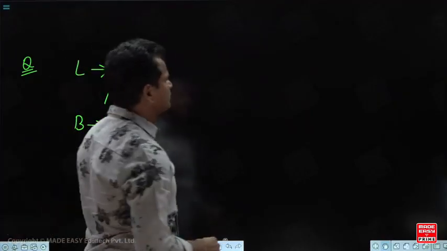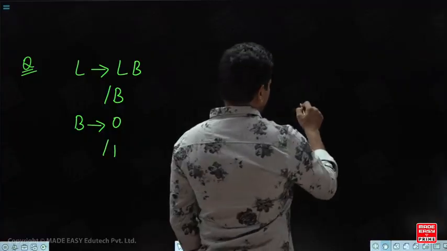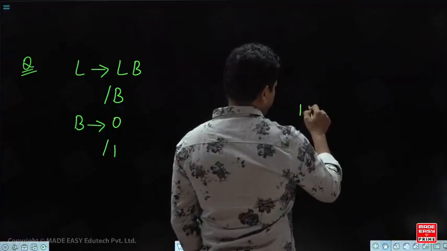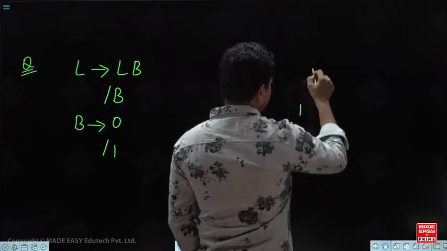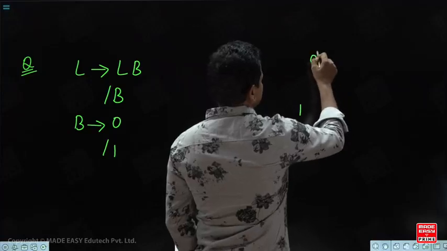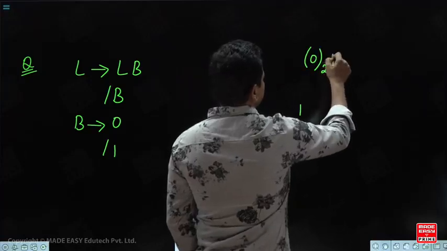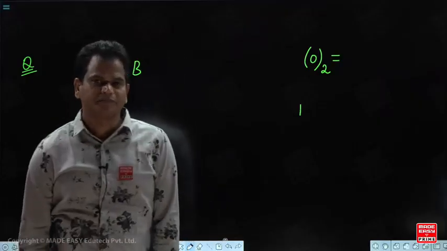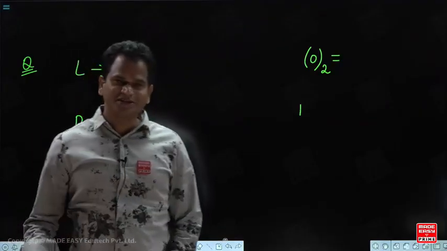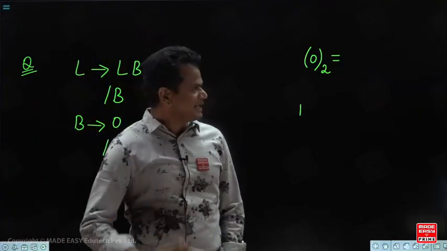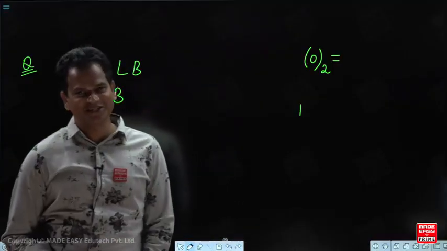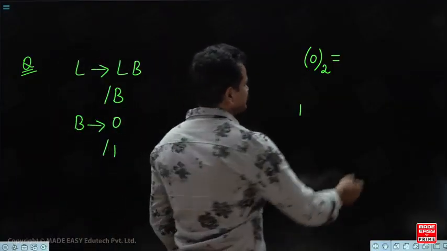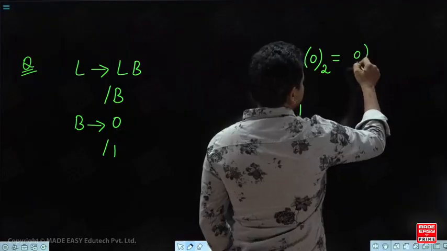Do you remember how to convert a binary number into decimal? For example, the value of 0 in binary representation is equal to what value in decimal?